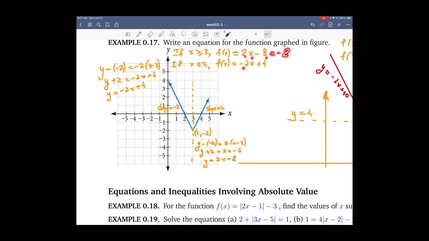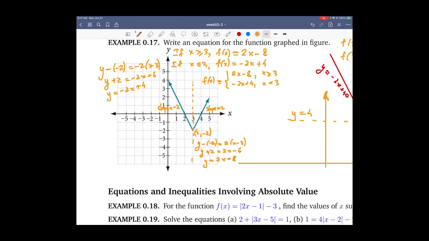And the same here, -2 times 3 is -6, plus 4 is -2. So we can write our answer as function f defined piecewise: 2x minus 8 if x is greater or equal than 3, and -2x plus 4 if x is less than 3.